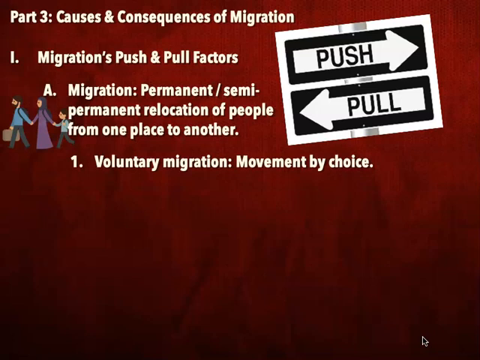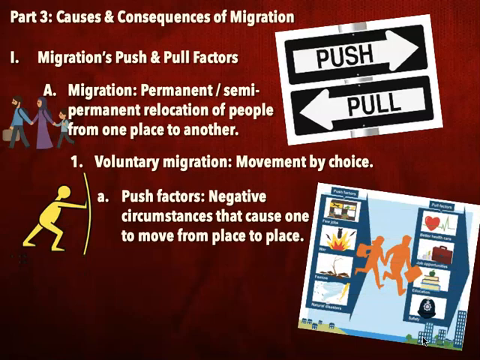migration. Migration breaks down, as you could guess because it's APHUG, into a whole lot of different subsets. The first basic one is to differentiate between voluntary and involuntary migration. Voluntary is just like it says there.